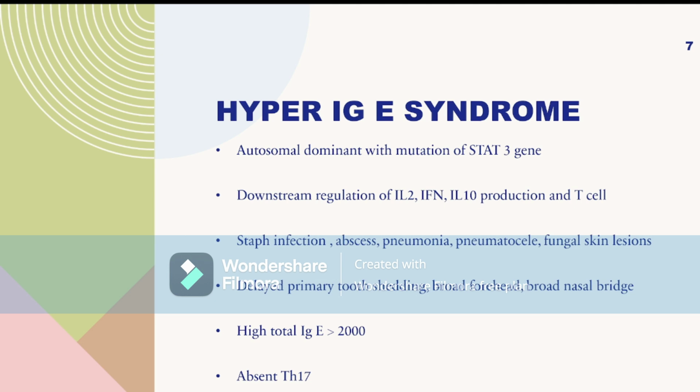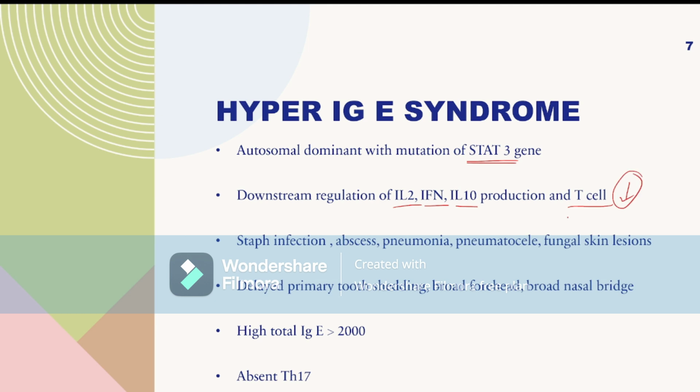Now come to hyper IgE syndrome. It is also an autosomal dominant disorder in which there is a mutation of the STAT3 protein. This STAT3 gene is mainly an immunoregulator gene. Due to this mutation there is down regulation of production of some interleukins like interleukin 2, IFN gamma, interleukin 10, and the T cell is also decreased.